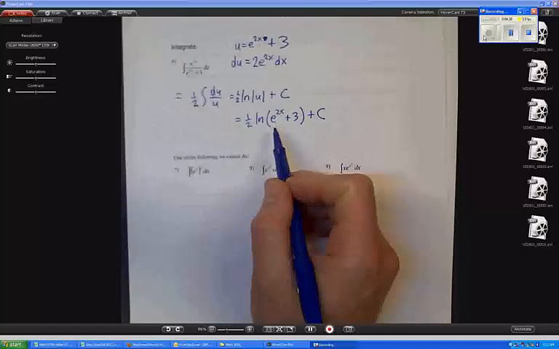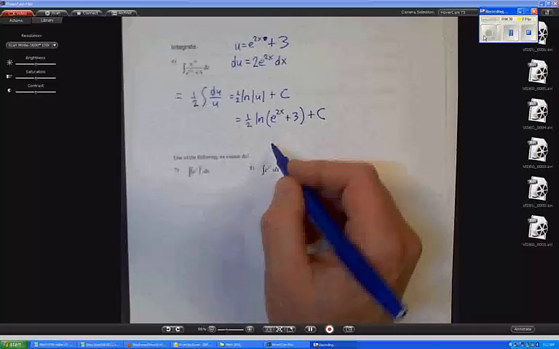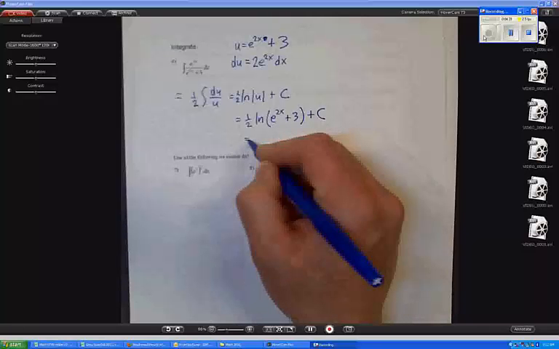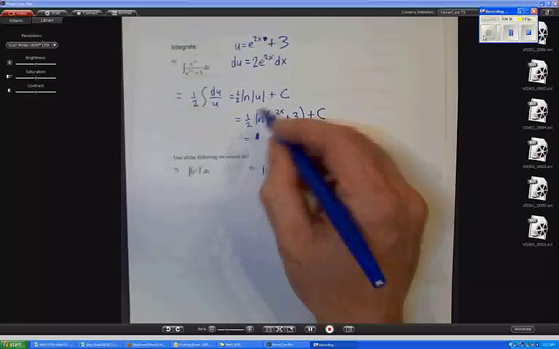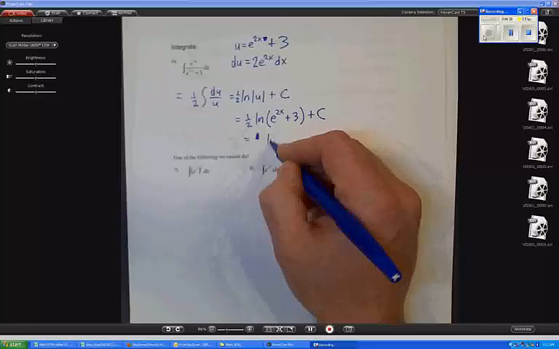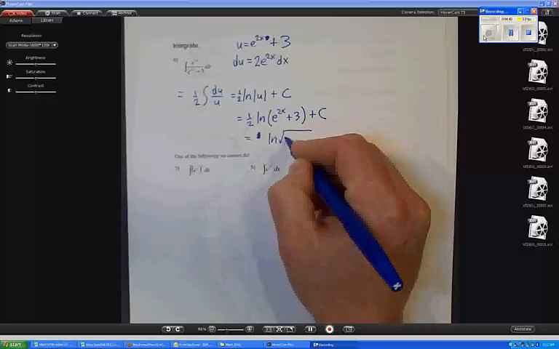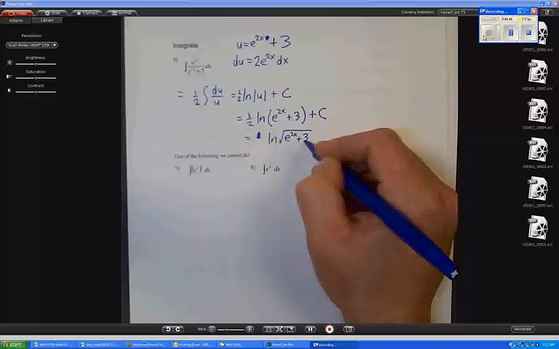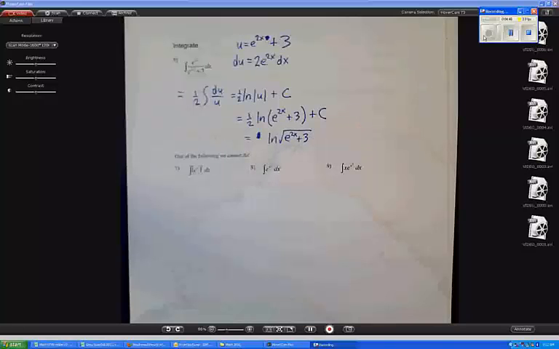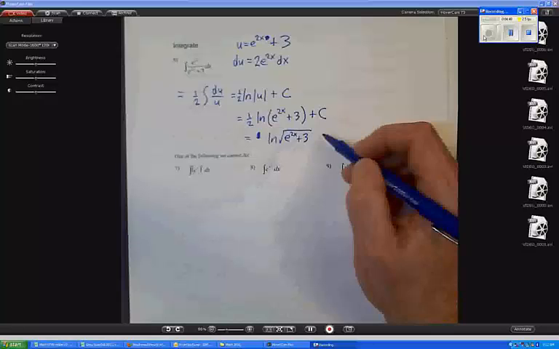So you could have this. You could also write this. Some people, instead of the 1/2 here, where are you going to put it? Up here, and then people might do this. Does that make sense to people? And then some people get really crazy, and instead of writing c, they'll write the natural log of some constant.